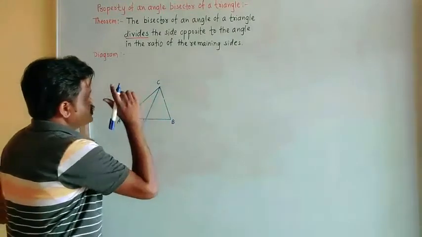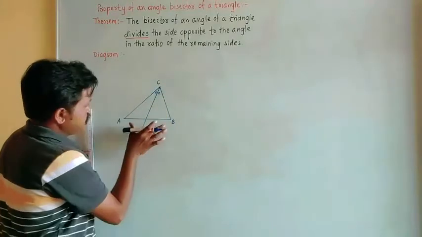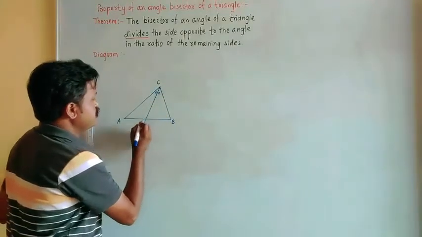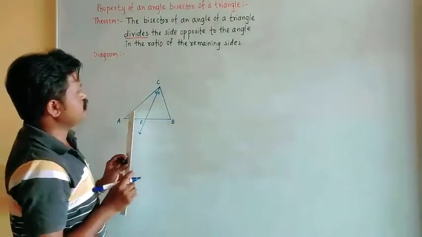These two angles are equal, and this bisector intersects side AB at the point P. That is the diagram.